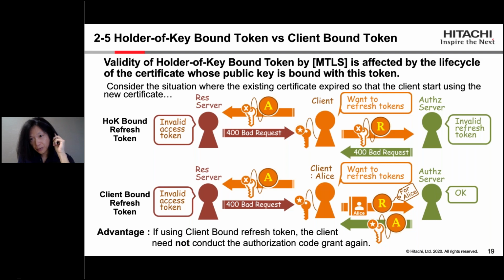But if we use a client bound refresh token, in this case the client need not do the authorization code grant again, which may not annoy the end user, I think.